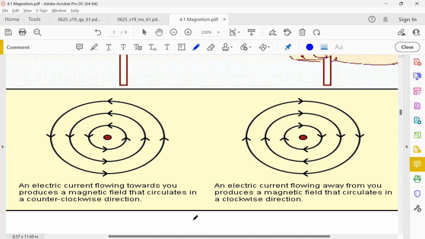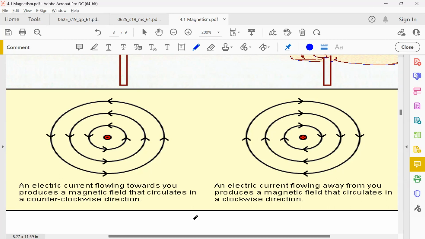What's a compass pointer? Compass. It points to the south of the Earth's magnetic field. The red is the north, right? But it's actually attracted towards the south of the Earth, the magnetic south.